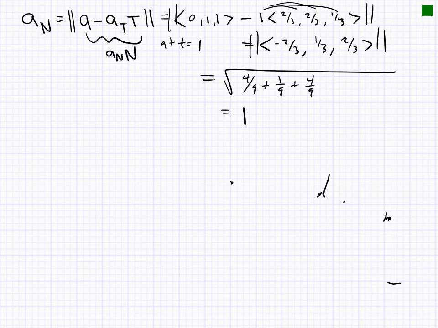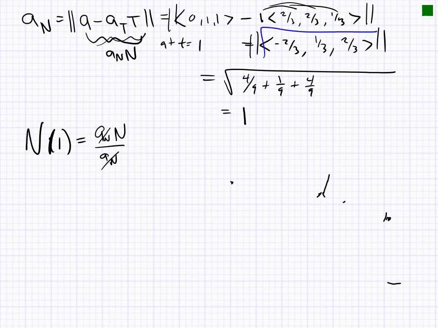All right, last we need to find is n itself. We want to find n at 1, right? And so to find n at 1, what we really want to do is take a sub n, n, and divide by a sub n, essentially canceling these out. Well, this is a sub n, n, which was this vector right in here that we found the magnitude of.